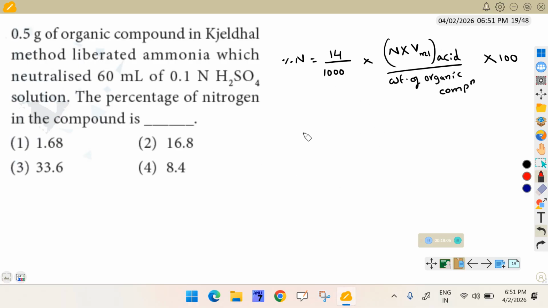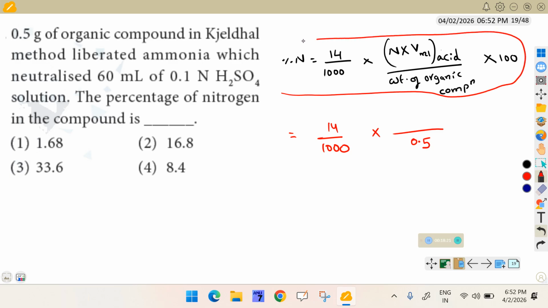0.5 grams of organic compound. Weight of organic compound is 0.5 grams. 14 by 1000. In Kjeldahl's method percentage of nitrogen is calculated by using this formula.